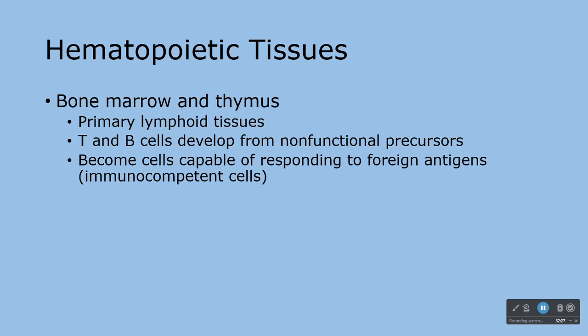All right, so T and B cells develop from non-functional precursors, okay? You may know what a precursor is. What is a precursor? Before. That's exactly right. So, you remember yesterday in class, I told you guys there's a myeloblast. We talked about how it's a big cell, high NC ratio, all that kind of stuff.